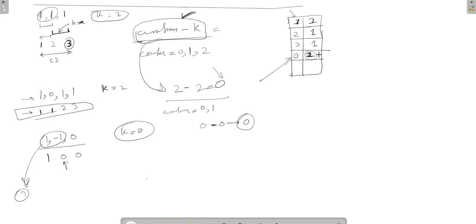So one 0 was by default, and then we found another 0, and when we're here and we're looking at the cumulative sum minus k, it leads us to 0, right?